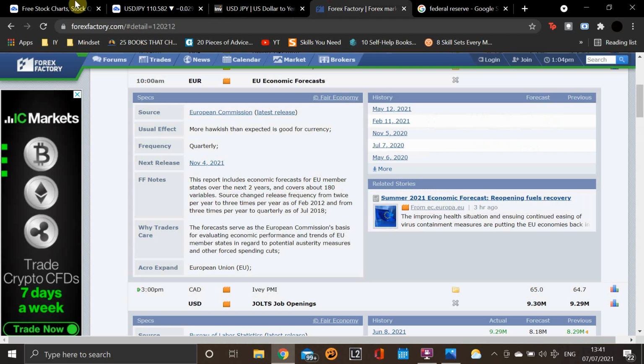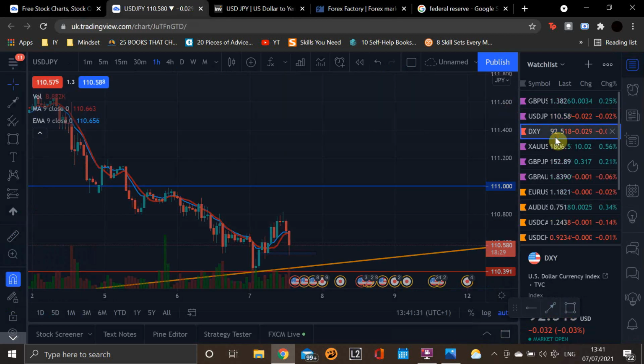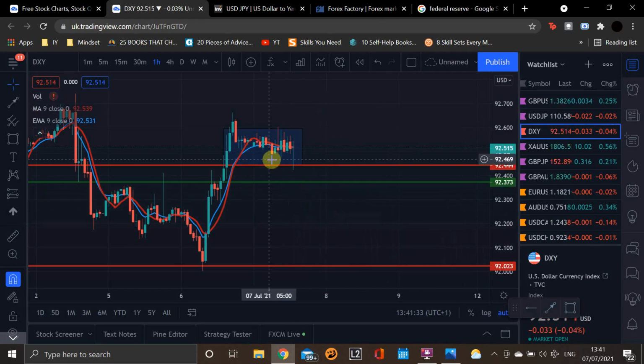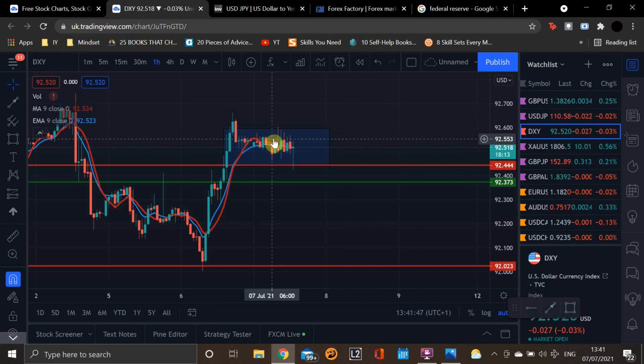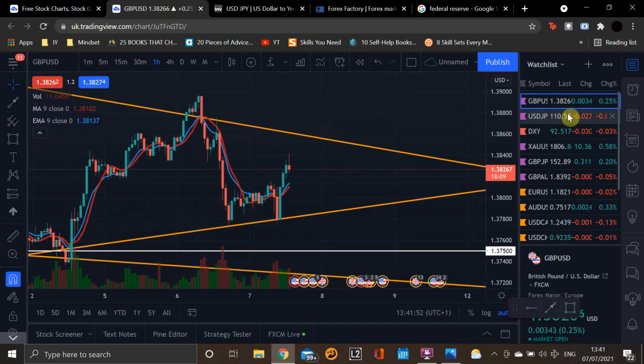Let's look at what DXY is doing. It's in a box right now. I think this is all due to the Federal Reserve, waiting to see what the Federal Reserve is going to do.